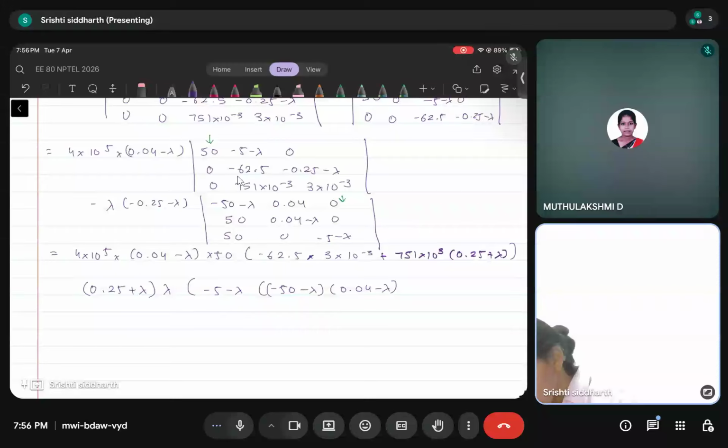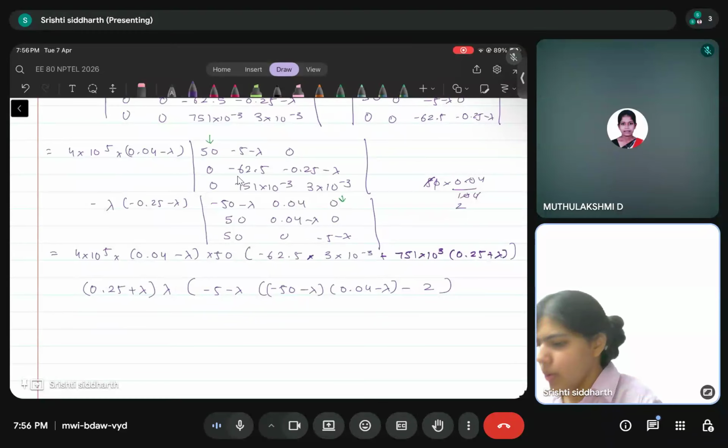So that's 50 into 0.84. This is simply 2 by minus 2. Okay, so let's solve out this characteristic equation. It should be of order 5, right? Because A is a 5 by 5 matrix. So this is lambda square. Let me check. Yeah, you can observe from here, right?